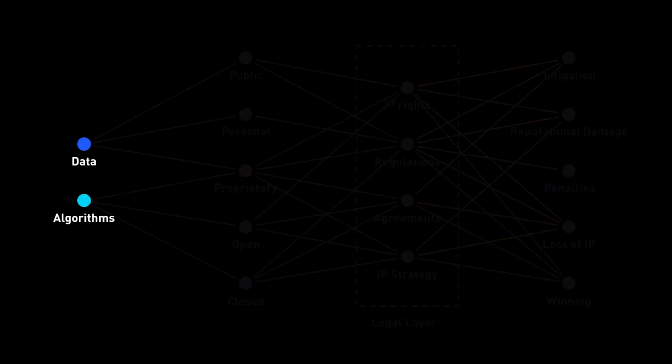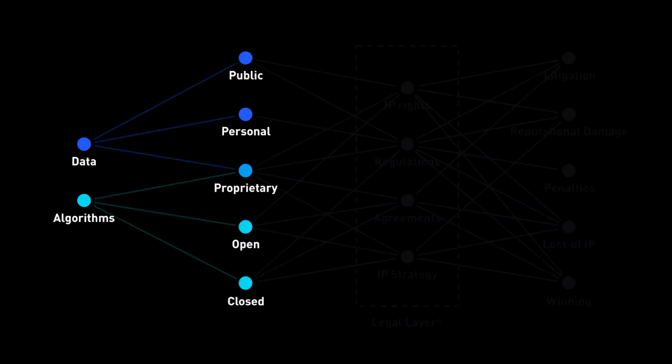The inputs of the network are the kind of objects we're primarily interested in, data and algorithms. In the case of a generative AI system, data might include data used to train a model, or data that's fed to the system during inference. Similarly, algorithms could be training algorithms, inference algorithms, including any models that they call.